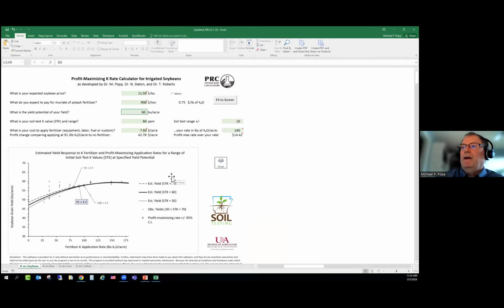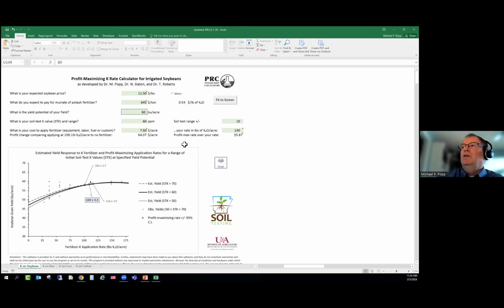But the reason why we developed this tool is, if you were to tell a producer, well, your fertilizer price is 900, it used to be 450, how much less K fertilizer are you going to put on? They'd say, well, I'm going to put on less. How much? Well, this tool quantifies that, and that's the nice thing about it. So let's go back to the 645.